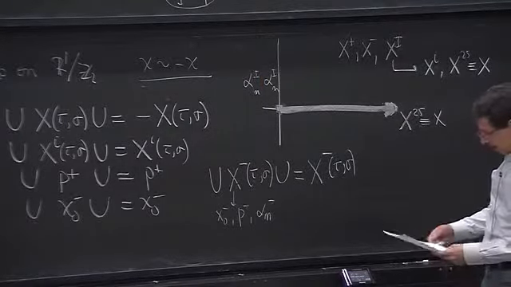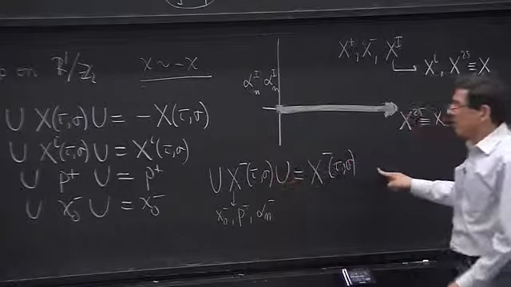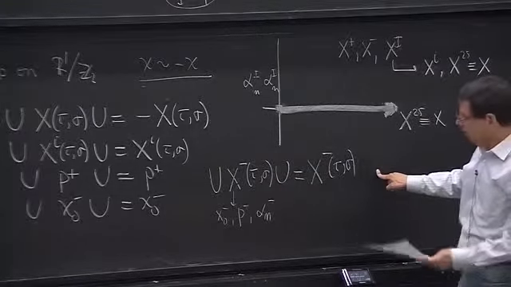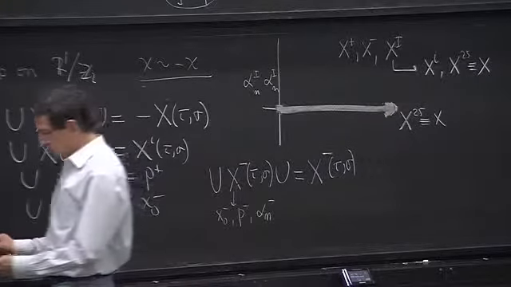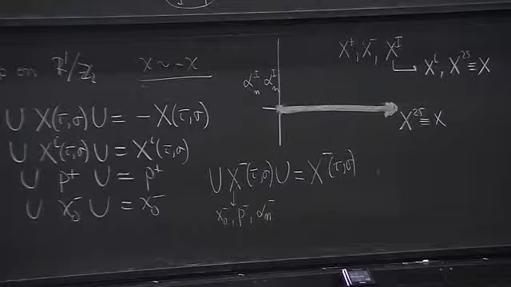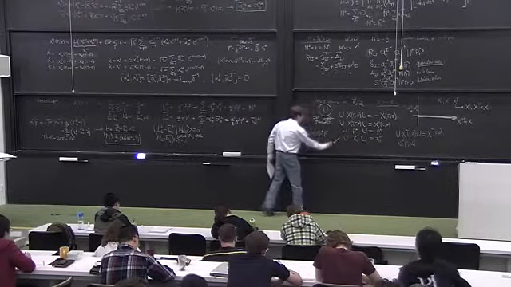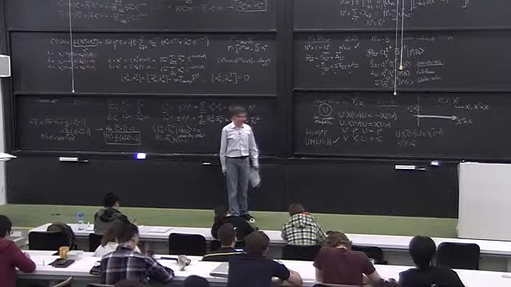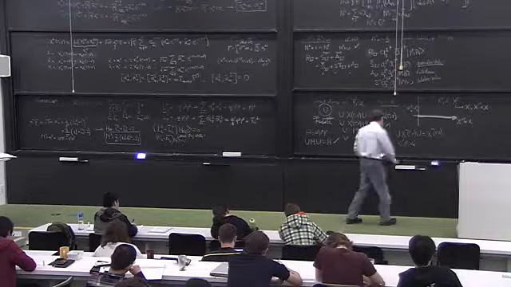So x minus is invariant under the orbifold identification. And therefore, under the orbifold identification, you also have that H equal alpha prime p plus p minus is invariant. U H U is equal to H. So it's a symmetry of the theory, and we can restrict states to this symmetry.